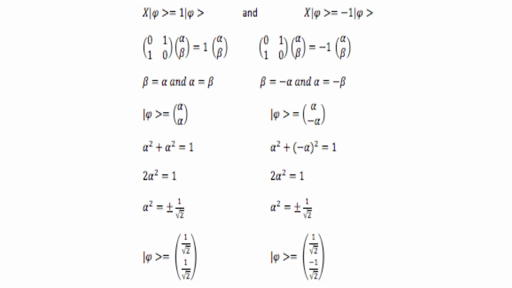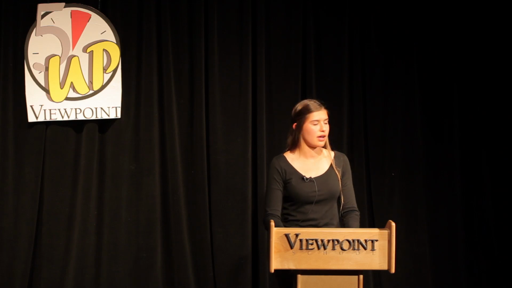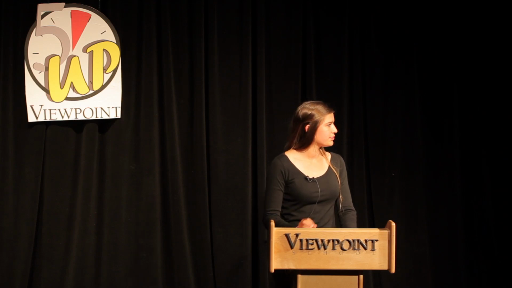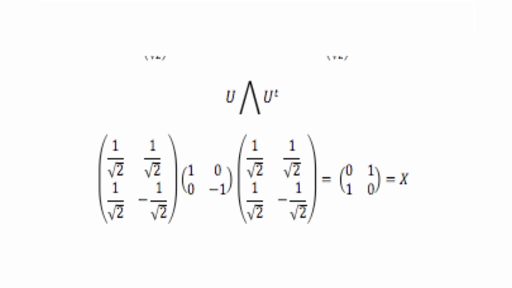Here is how you compute eigenvectors. Eigenvectors are basically states for which the eigenvalues hold true. So here is one computation for finding the eigenvectors of an operation. Here's a neat little trick that I thought was really cool that shows how the original operation is embedded within the vectors and values.